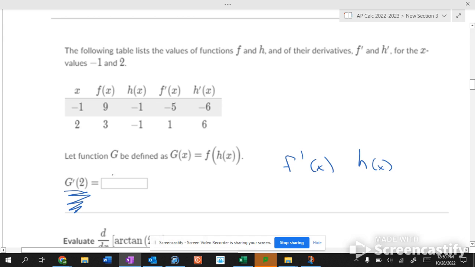So the first derivative at 2 of h of x is negative 1. So then at negative 1, we find the first derivative of f, which is negative 5. And then the first derivative of h at 2 is 6. So then you multiply negative 5 times 6 is negative 30. Remember that? Yep. Okay.